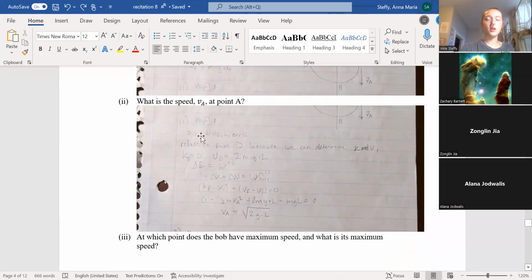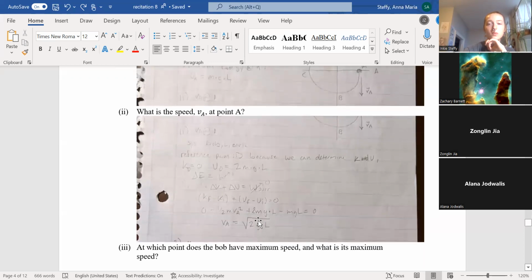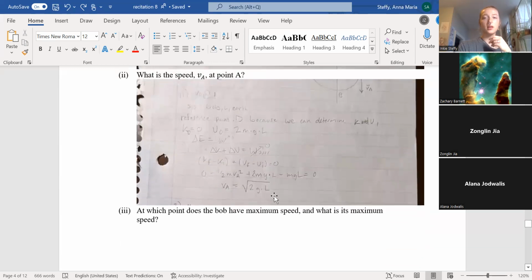I defined my system such that I could have no work. Whenever I'm asked for velocity, I always assume there has to be some kinetic energy component to relate to velocity so I can find it. I always try to just start with delta E equals W, and that's how I got that answer.